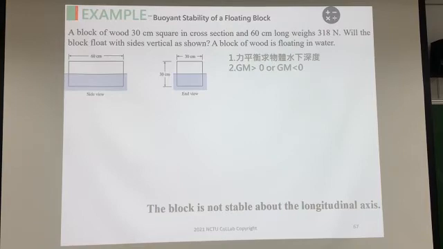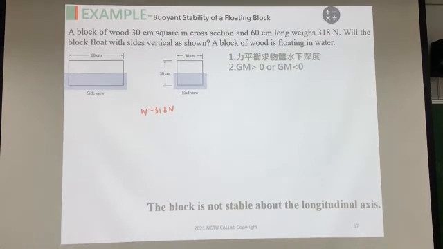Again, this is a piece of wood with a 30 centimeter square cross section, as shown here. This is the end view, and this is the side view. The length along the long axis is 60 centimeters, and the total weight is 318 newtons. The question asks you to answer the stability problem of the wood.